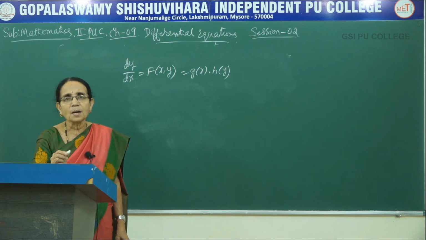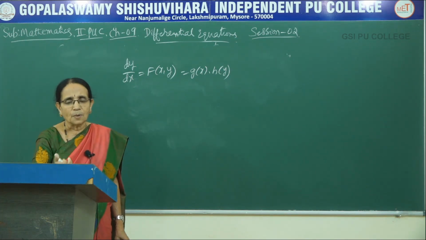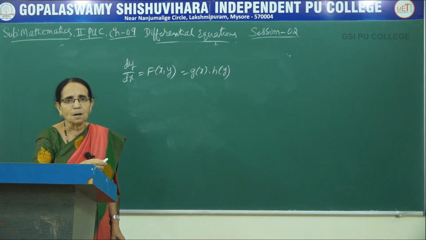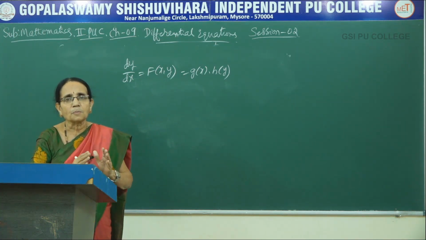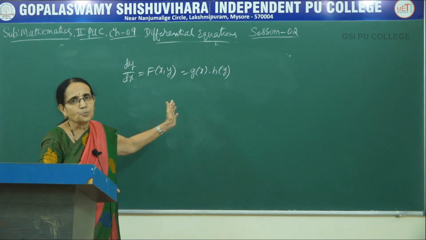They don't specify the method of integration in the question paper. By looking at the function, you have to decide whether it is substitution method or the partial fraction method or the integration by parts. Here also, looking at this one, you have to think whether we can separate the variables or not.